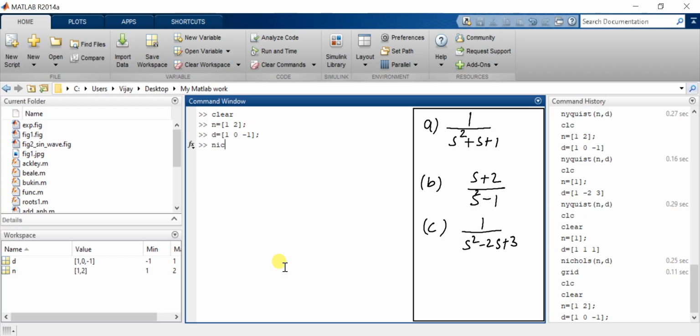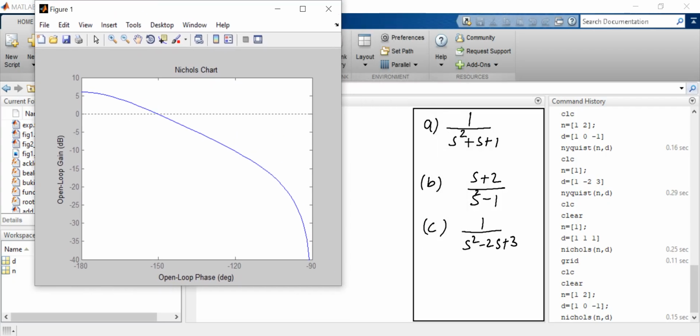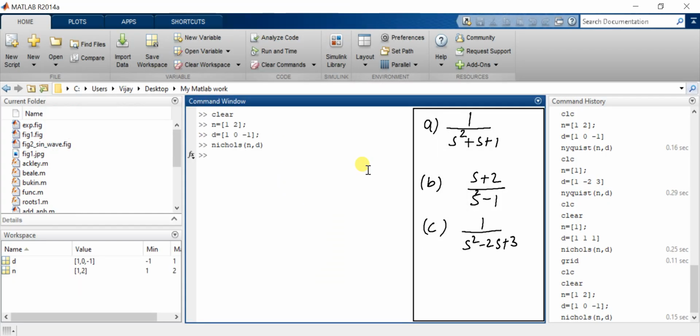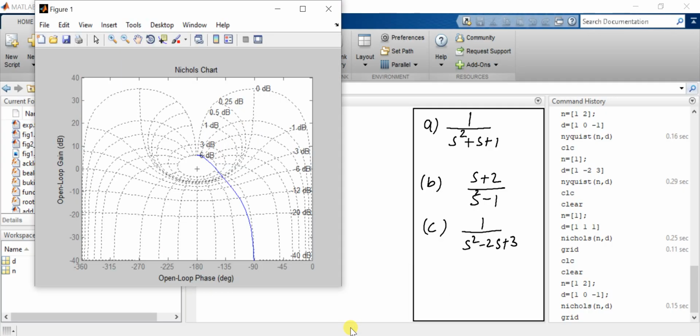When you pass it to the function nichols, n comma d will give you the Nichols chart for this particular system. Make grids on and it will give you this plot.